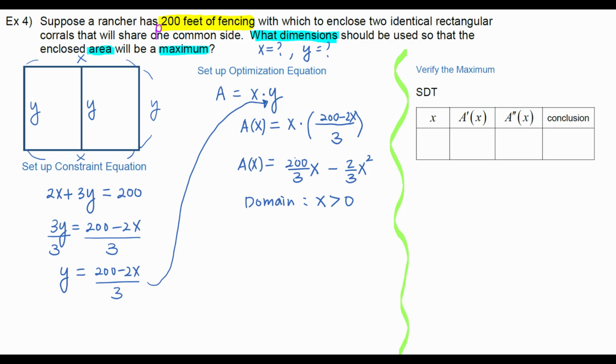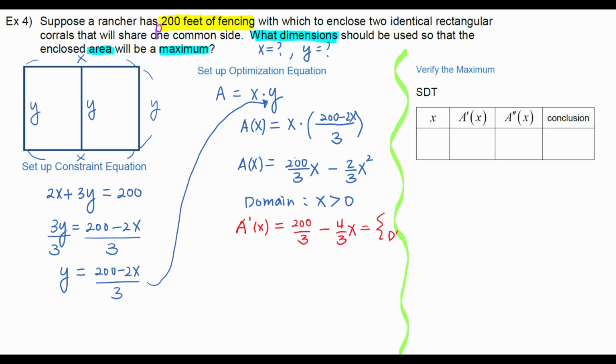Now we're going to take the derivative, A prime of x. The derivative of 200 over 3 x is 200 over 3. The derivative of negative 2/3 x squared is negative 4/3 x. And this is never undefined.